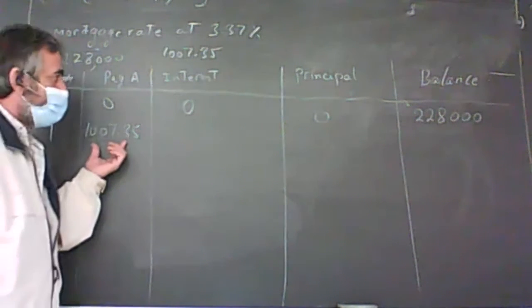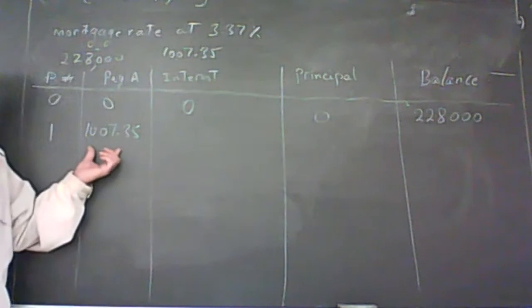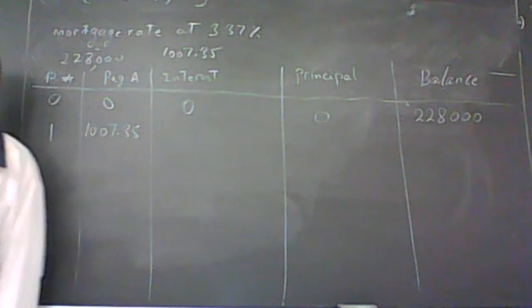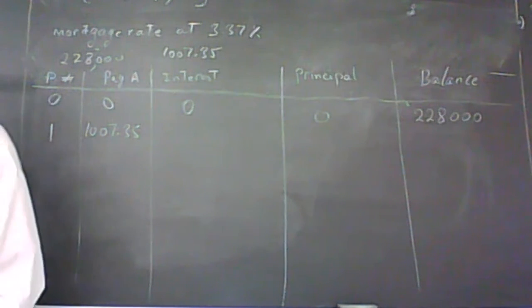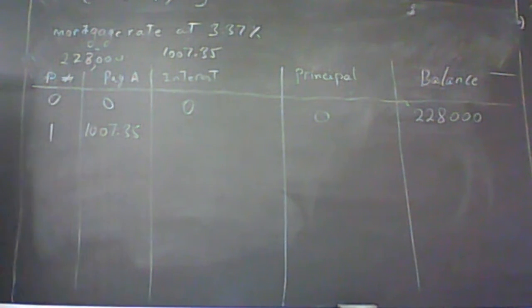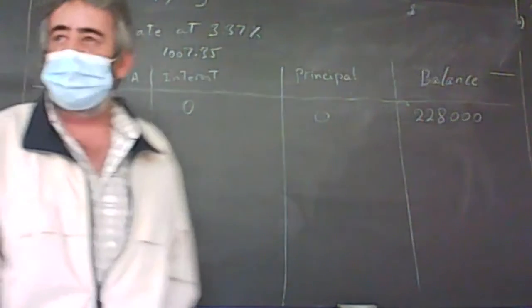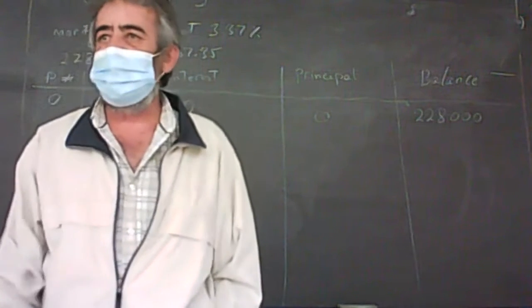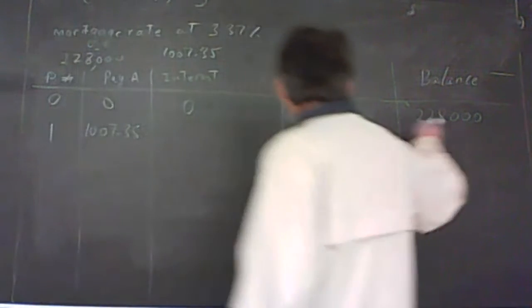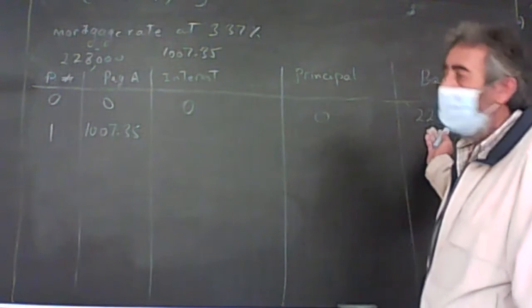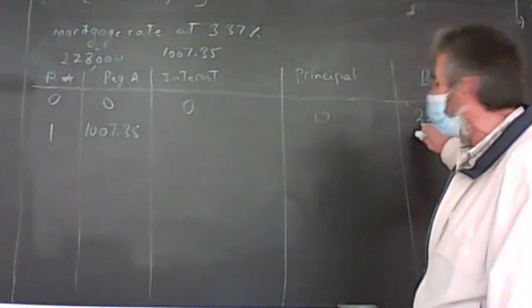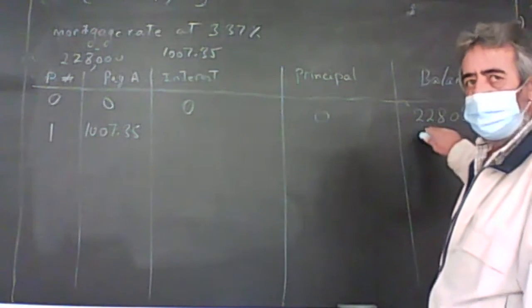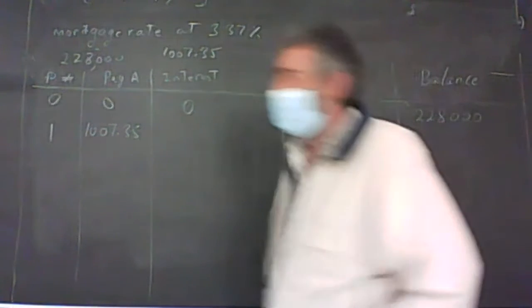Now, I need to know how much of that money was interest. Well, you normally pay interest on your balance, correct? You don't pay interest on something else. Whatever you owe is what you pay interest on. So how much interest am I going to pay on this amount for 1 month?